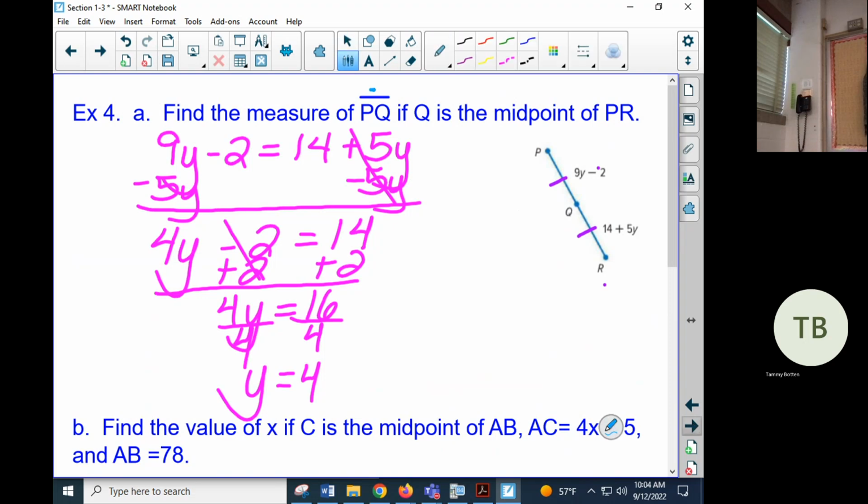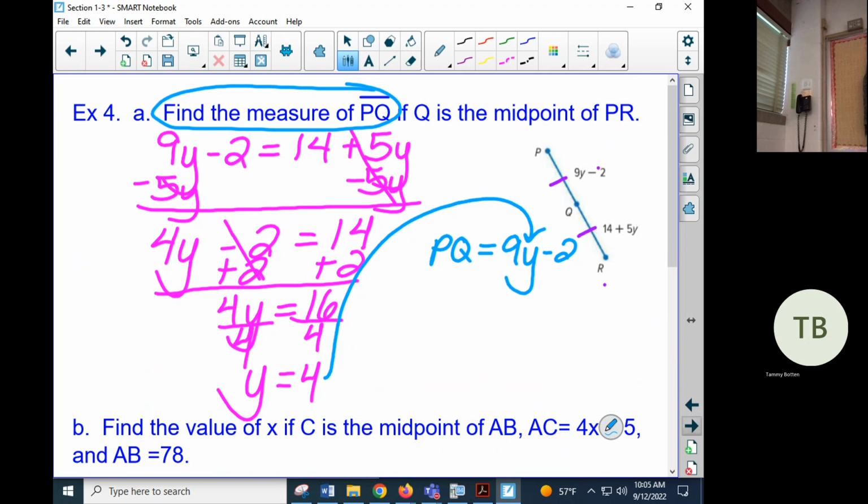Now, this is another thing you're going to have to be careful of on your quiz. You always want to look at what do they want. And this does not just want y, it wants the measure of PQ. And PQ is right here, and it's 9y minus 2. So PQ is 9y minus 2. So I'm going to take this 4 and put it in there. And what would I get then?